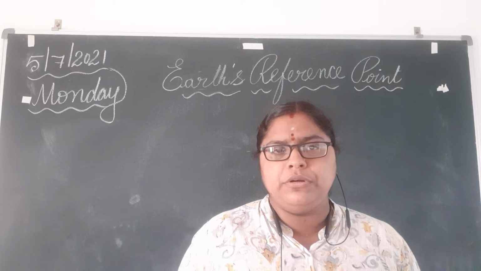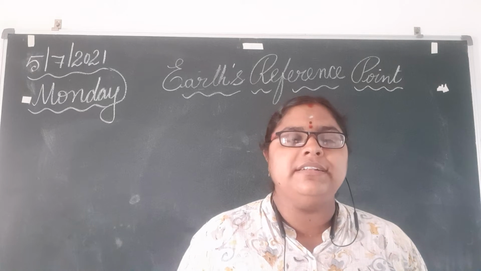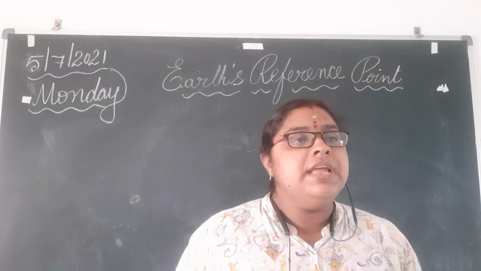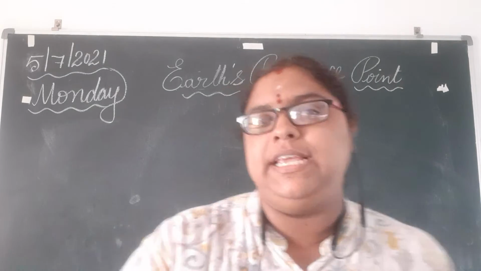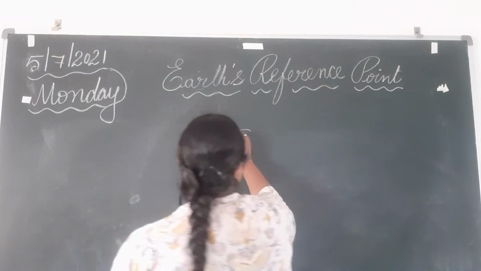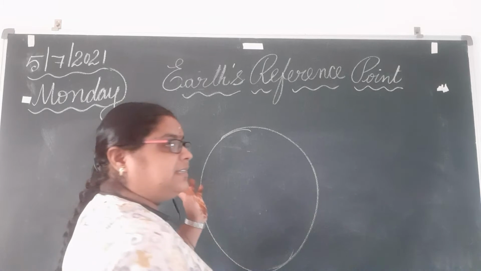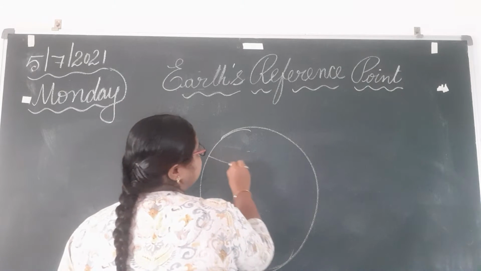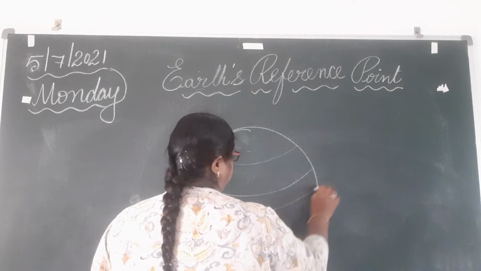What are latitudes? The imaginary lines that run from east to west are called latitudes. See here, this is our earth. The imaginary lines that travel from east to west are called latitudes.